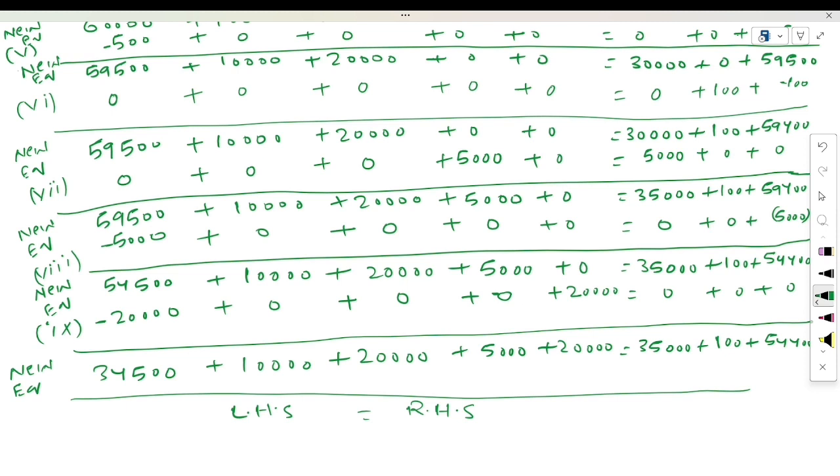Now see here: 54,400 plus 100, 54,500 plus 35,000, it means 89,500. Both sides have the same value, 89,500 and 89,500. It means our equation is correct.